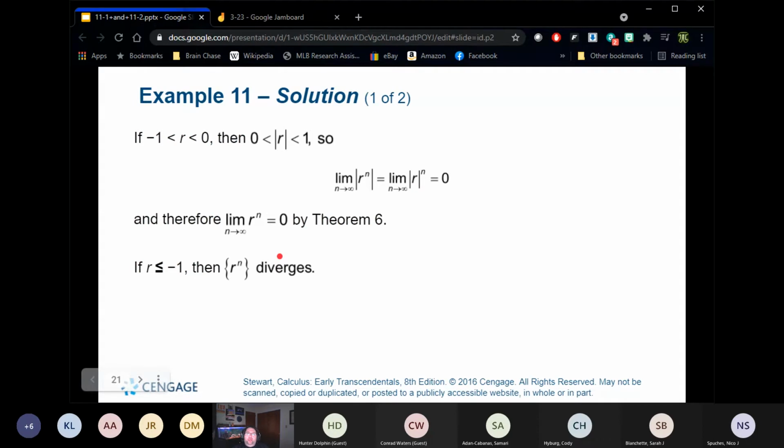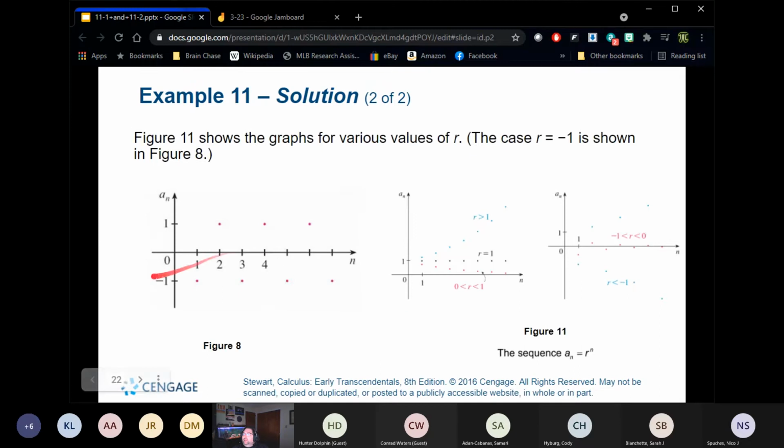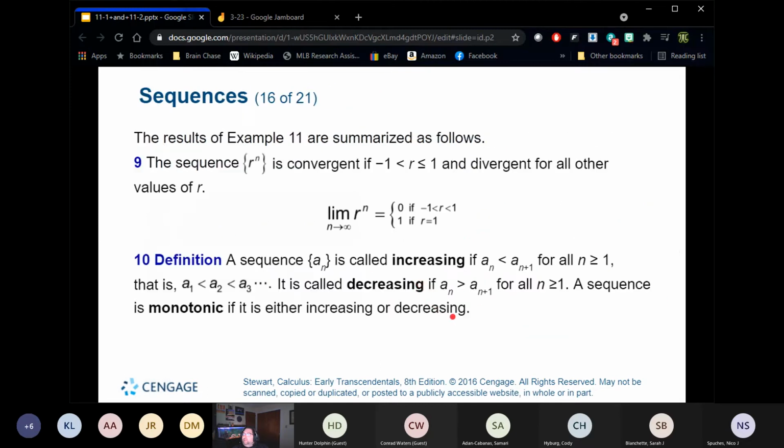If it equals negative 1, what would happen at negative 1 with the powers? We looked at that one already. That one's the one that's going to flip-flop. It's going to go negative 1, positive 1, negative 1, positive 1. And we've already determined that one also diverges.